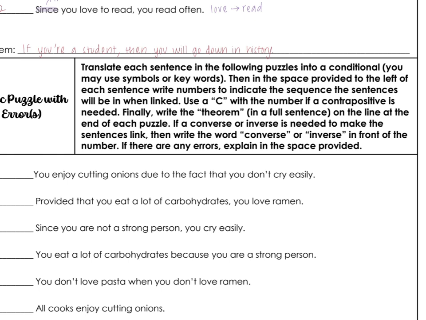Use a C with a number if a contrapositive is needed. Finally, write the theorem in a full sentence on the line at the end of each puzzle. If a converse or an inverse is needed to make the sentences link, then write the word converse or inverse in front of the number. If there are any errors, explain in the space provided.